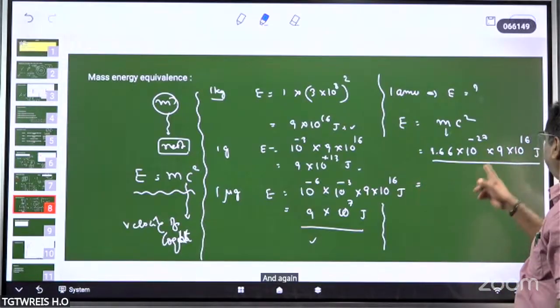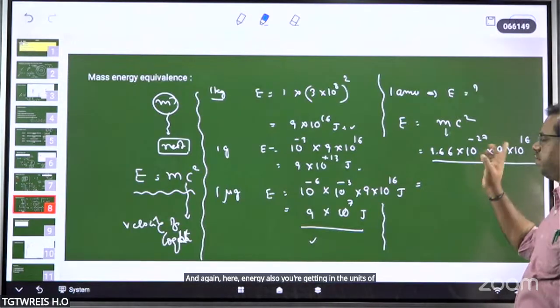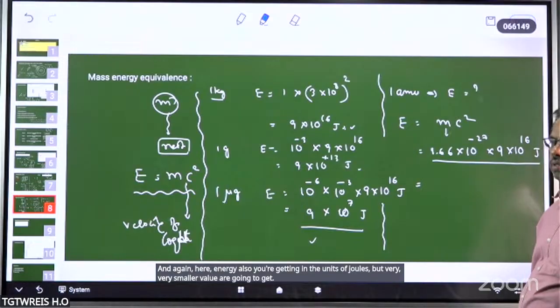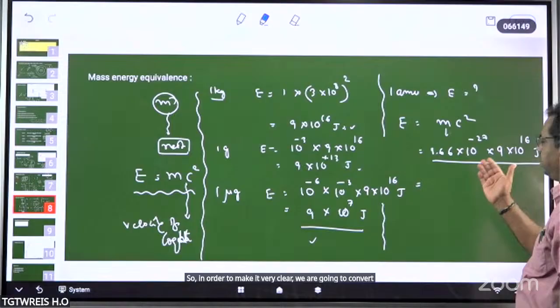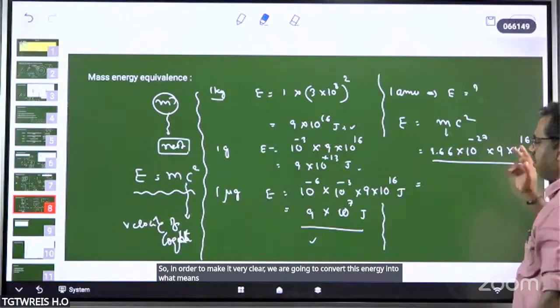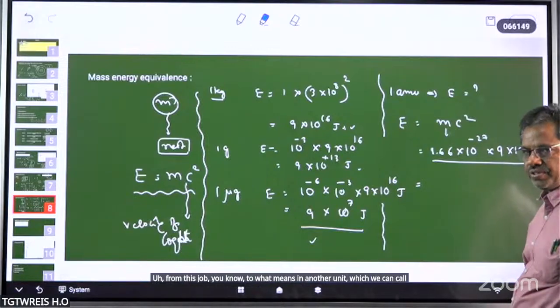And again, here energy you are getting in units of joules, but a very, very small value. So to make it clearer, we are going to convert this energy from joules to another unit, which we call electron volt.